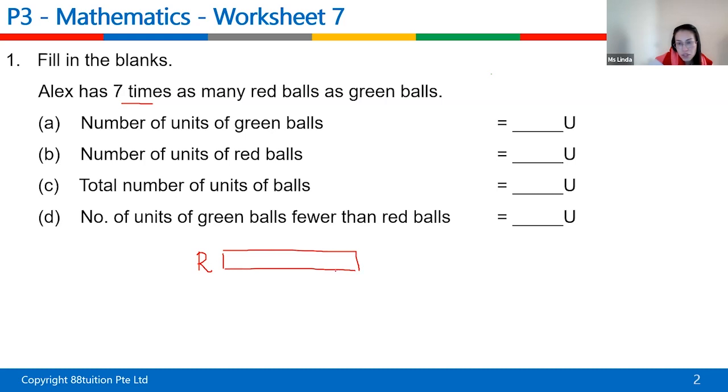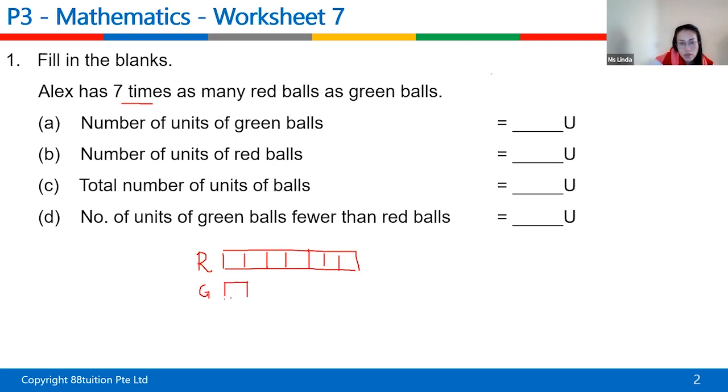Alfred, are you watching? I'm going to show you how you actually draw it. If it's 7 times, you will draw 7 units. And then your green balls will be 1 unit. That is the model that I'm telling you about.